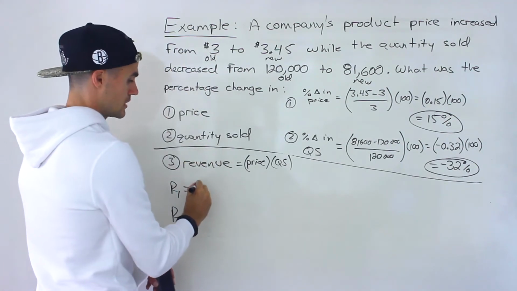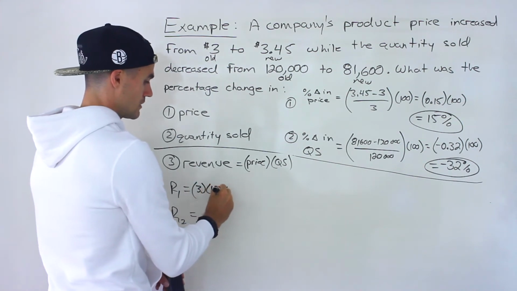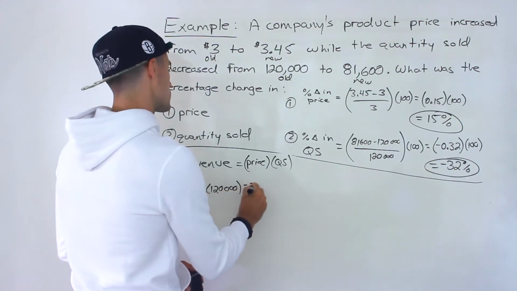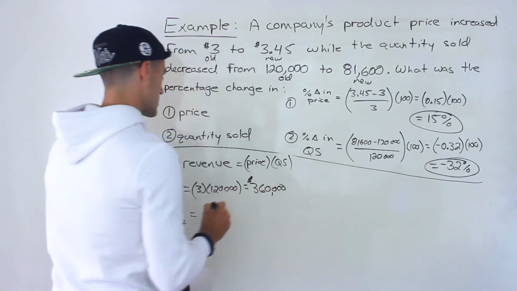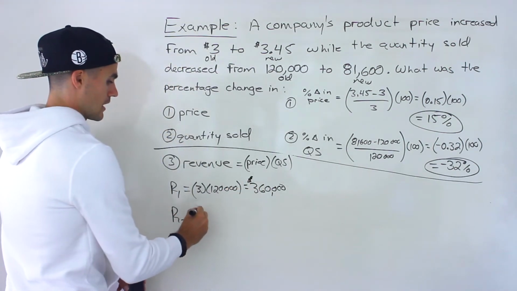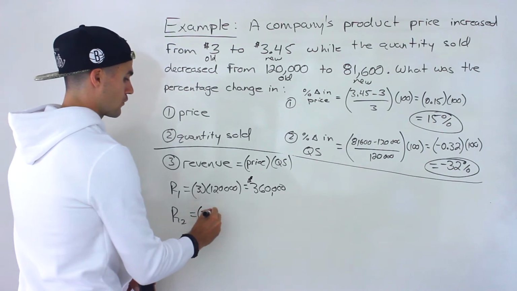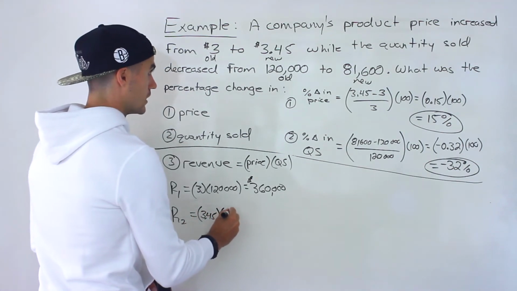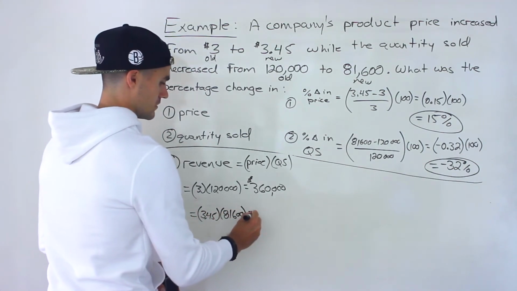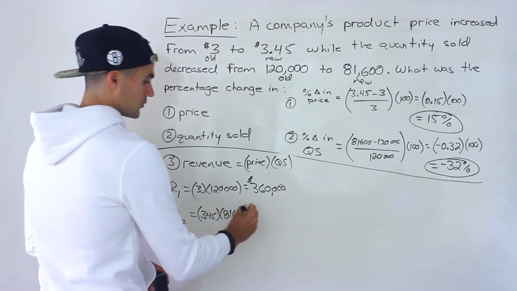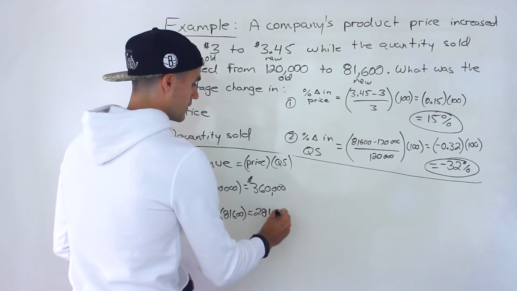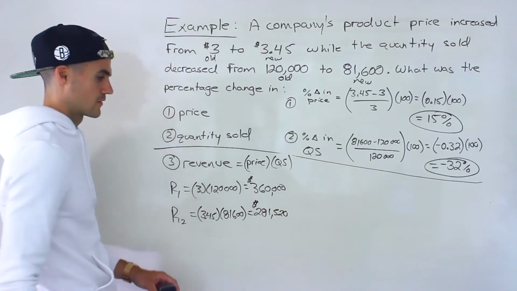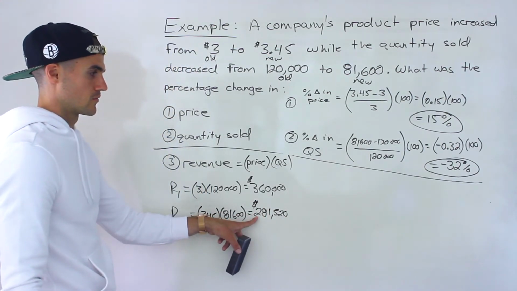So we'd have 3 times 120,000, which would give us 360,000. So that's going to be the old revenue. The new revenue is going to be 3.45 times 81,600. And so when we multiply these, we would end up with 281,520 for the new revenue.